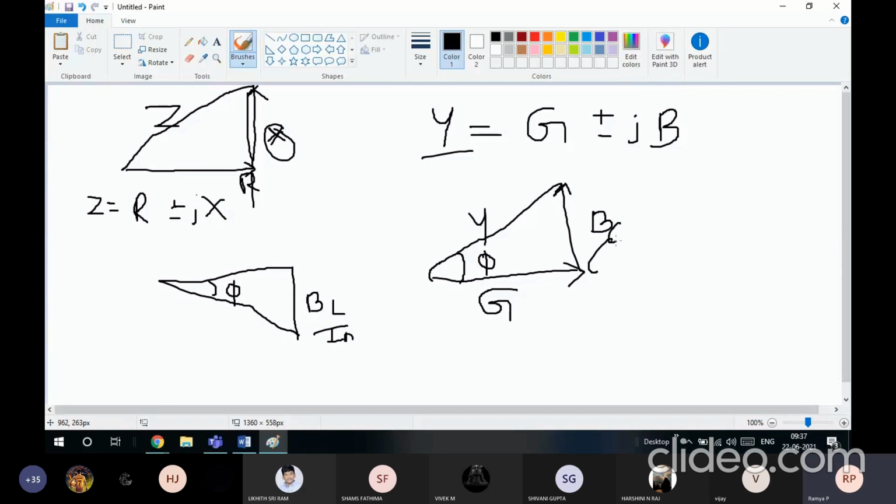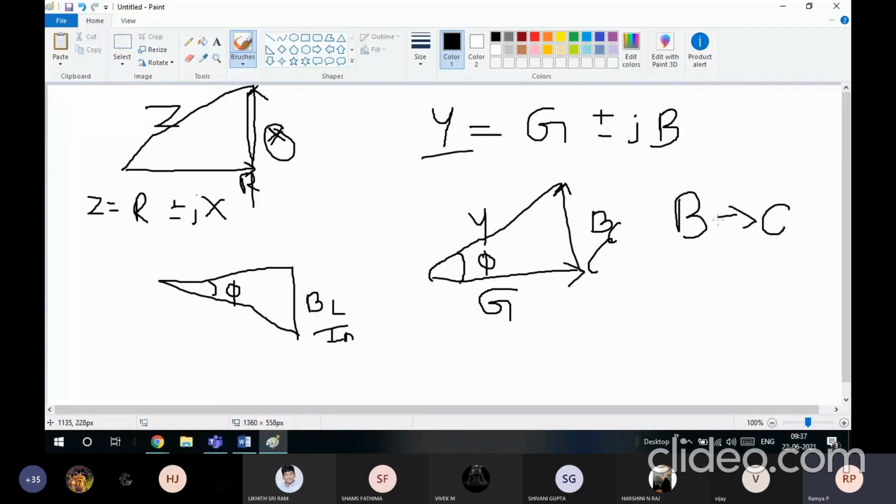Just remember, if my value for B is positive in this diagram, Y is equal to G plus jB, then it is capacitive in nature.